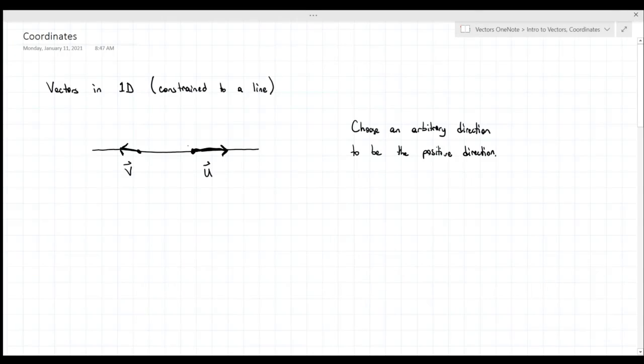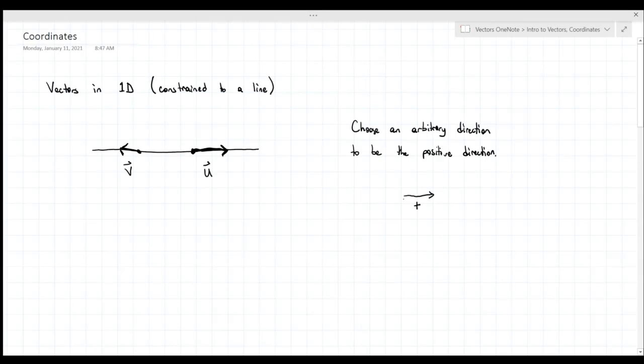So I could choose either right, the direction of right to be positive, or left. I guess we usually choose right to be the positive direction, so I'm going to go with that, although you could certainly do left as well, and that would be perfectly acceptable as well, okay?